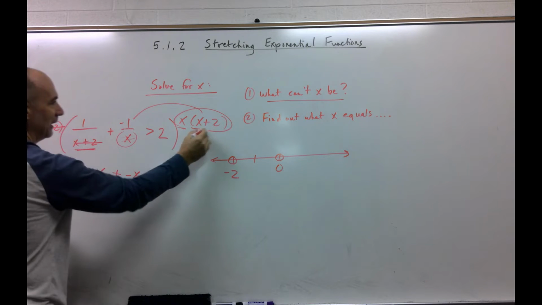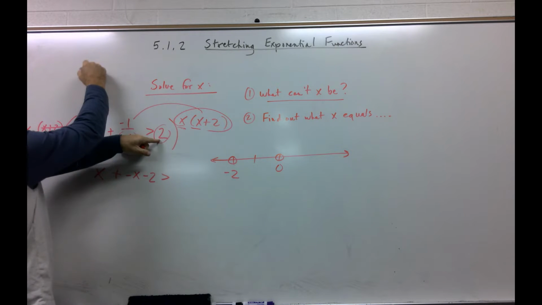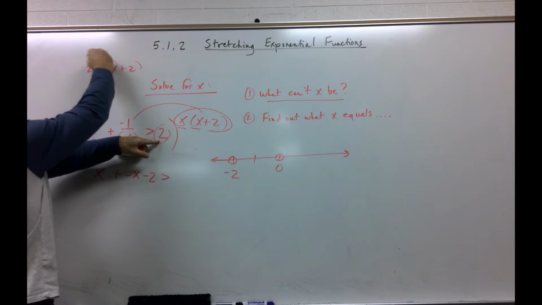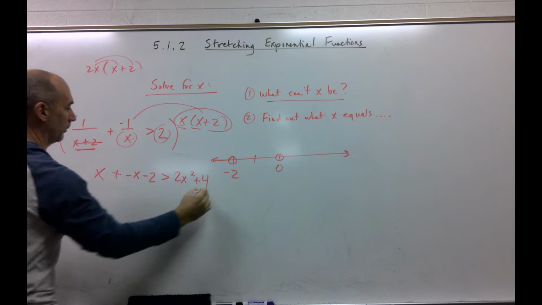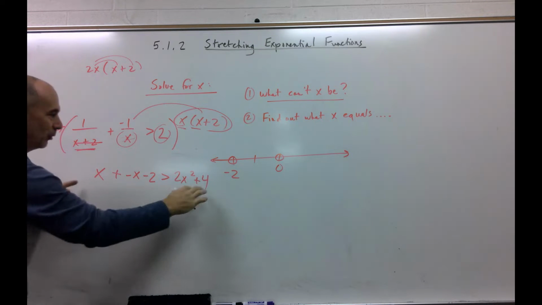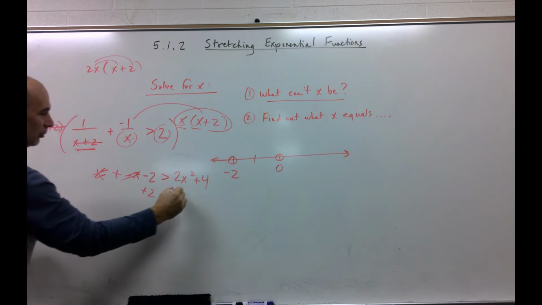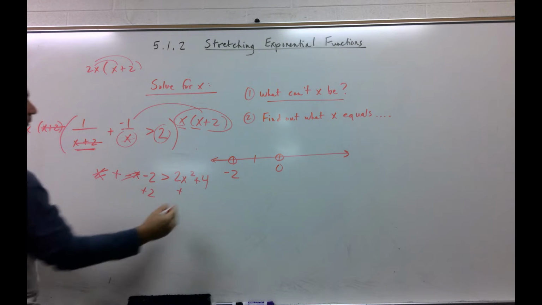Now nothing cancels, but I got to multiply this times this, so I get 2x times x plus 2, distribute, and I get 2x squared plus 4x. Now I see I got a trinomial lurking. X minus x is gone. I'm going to add 2. That's supposed to be an x.